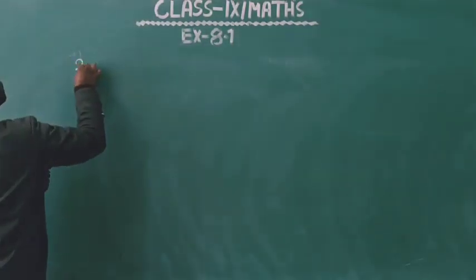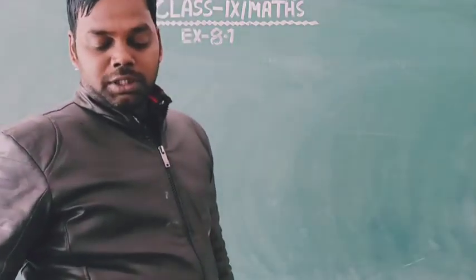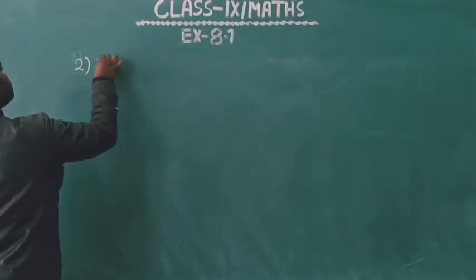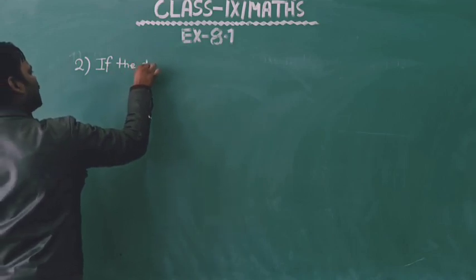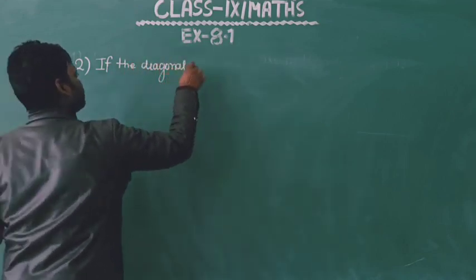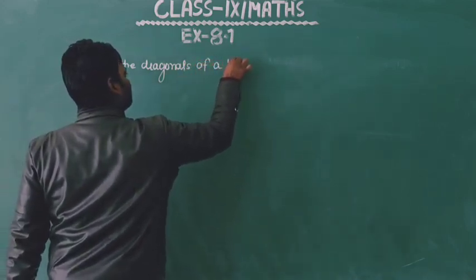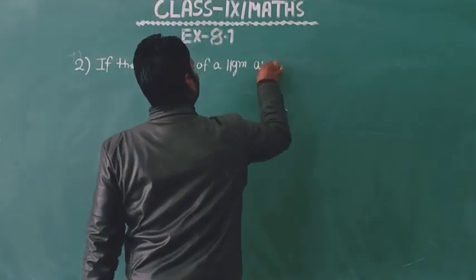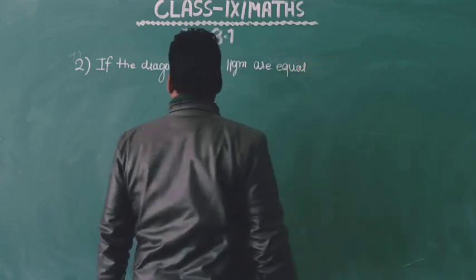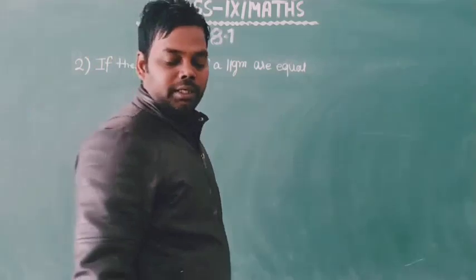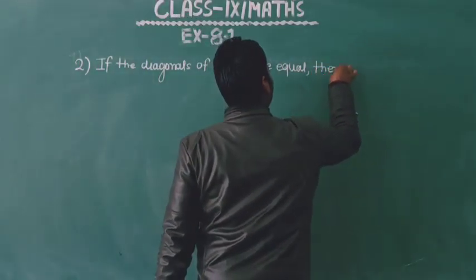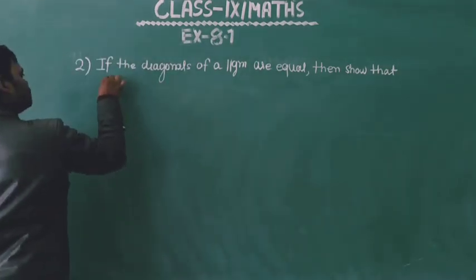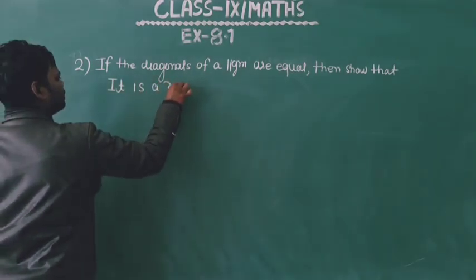In question number second, we are given: if the diagonals of a parallelogram are equal, then show that it is a rectangle.